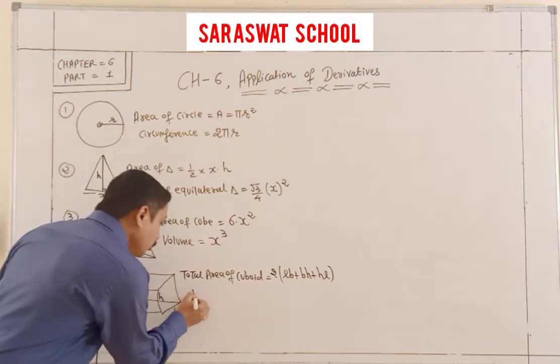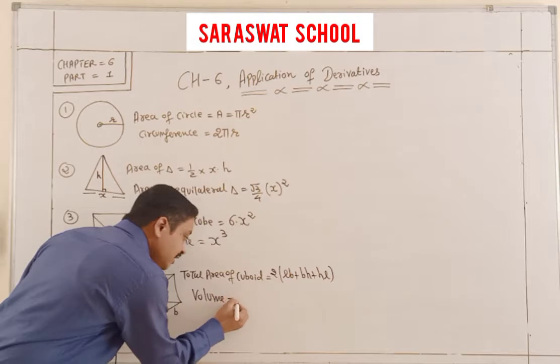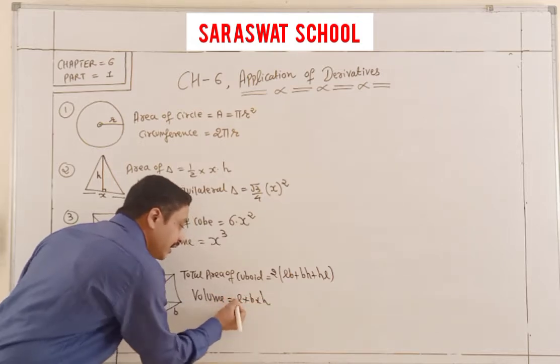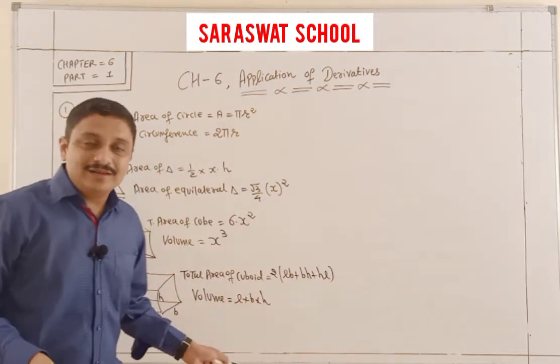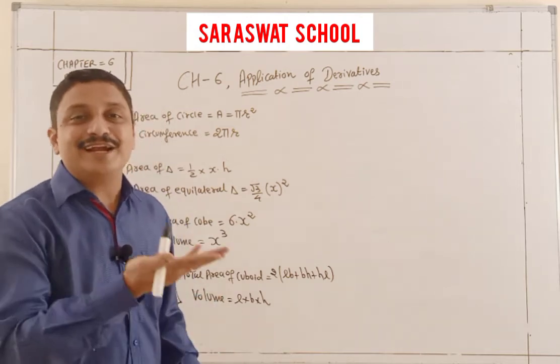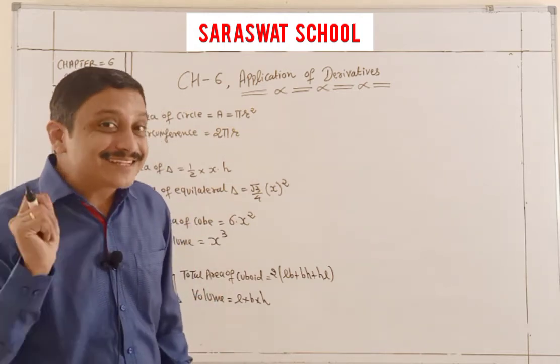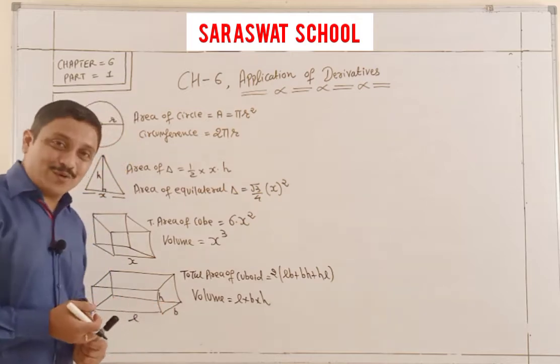And volume is length, breadth, height. You know students, why I have written all this? After this I will take derivatives and our chapter starts. Yes, this is your cuboid.